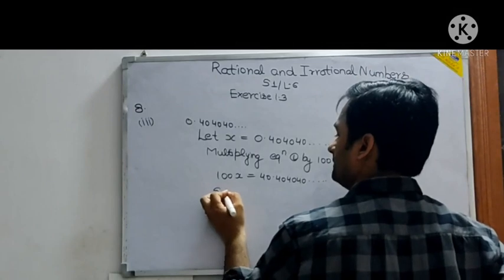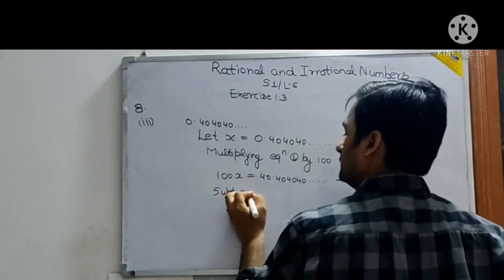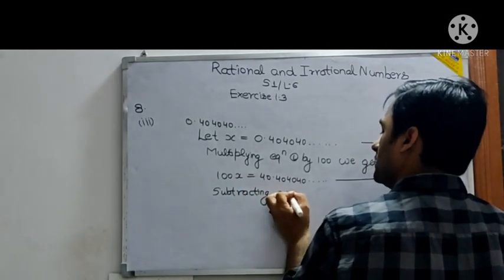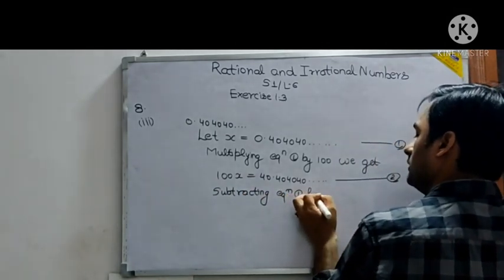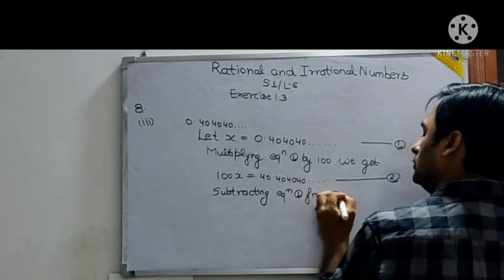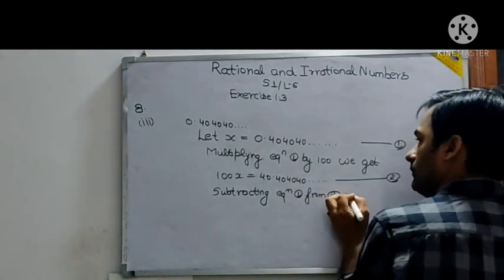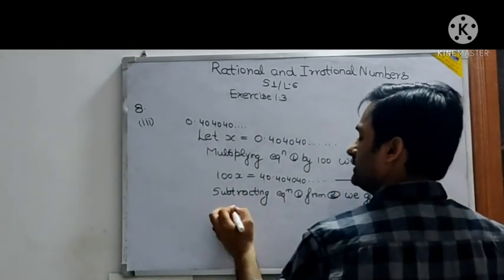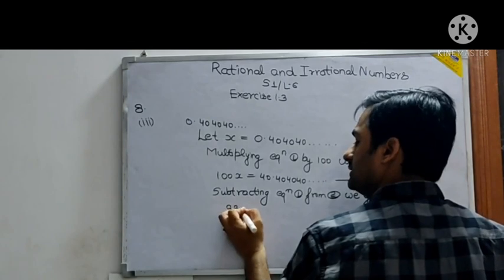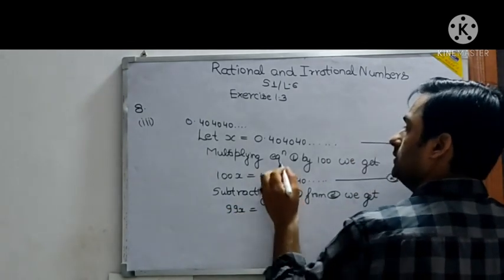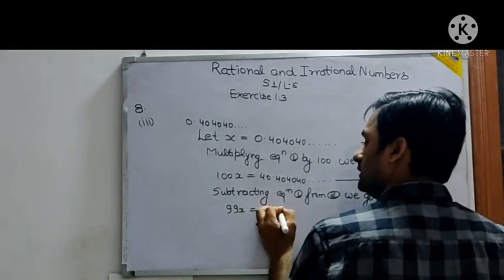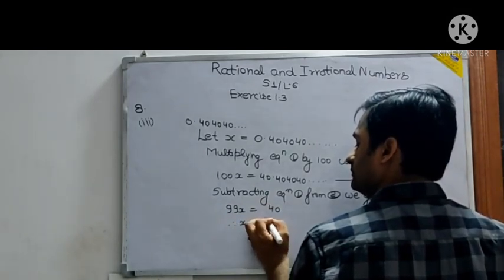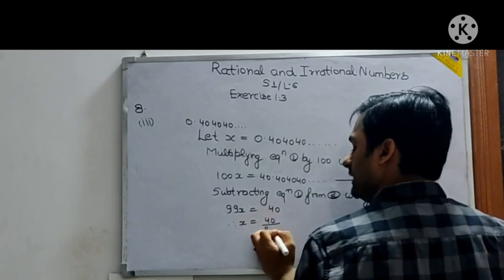So subtracting equation 1 from 2, we get 100x minus x is 99x is equal to what? 40 will only remain like that. Therefore, x equal to 40 by 99.